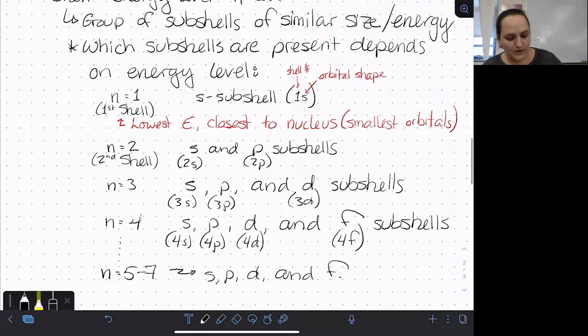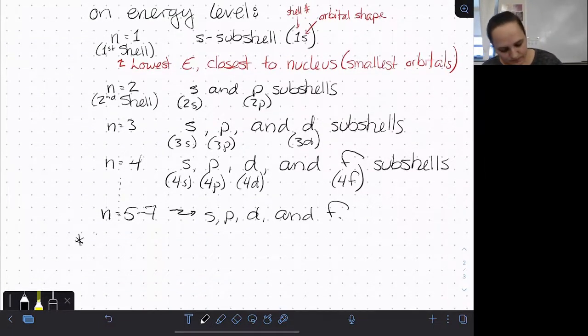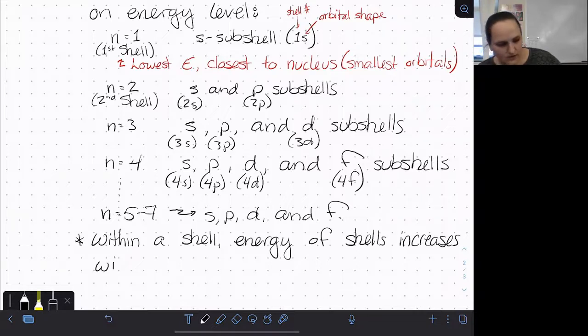So within a shell, the energy of the subshells increases with the number of nodes present in the shape.